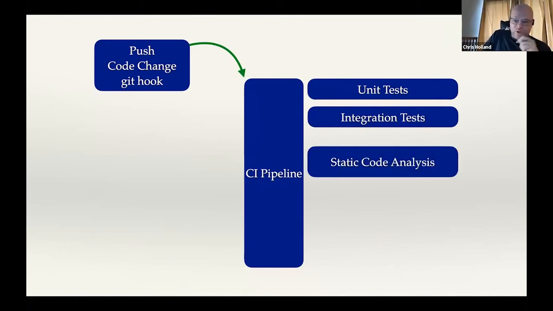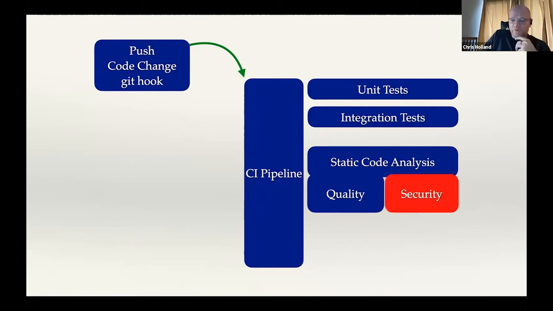And then you might start your static code analysis, where you're going to analyze your code using automated tools, which will analyze your code from two standpoints. First, from a quality standpoint, and also from a security standpoint. Quality is a lot of smell tests to figure out how maintainable your code is. And then security, that's the main topic of this presentation.